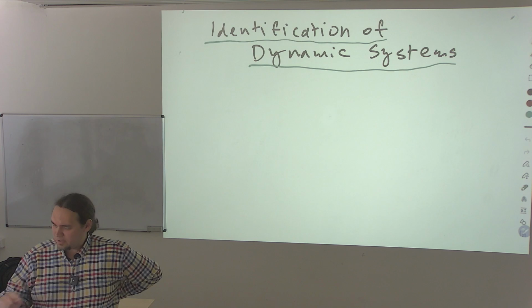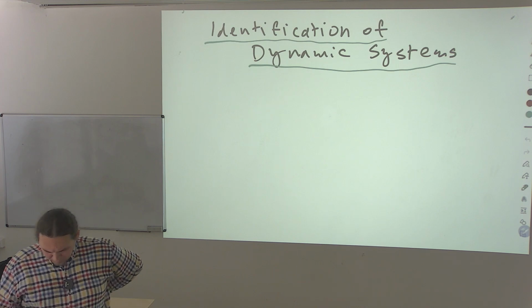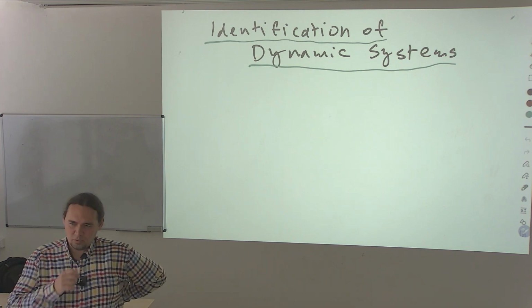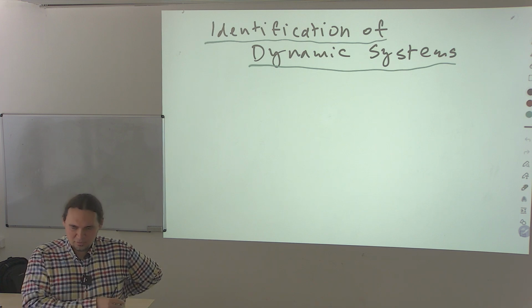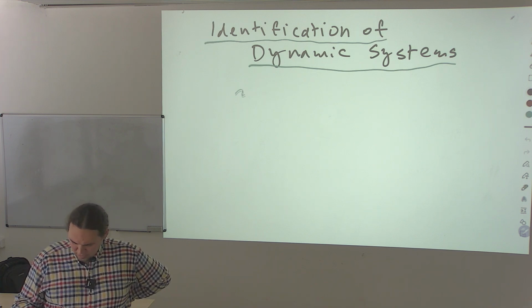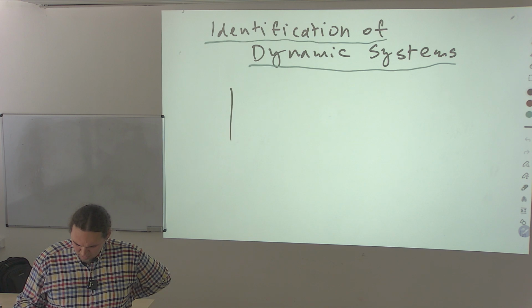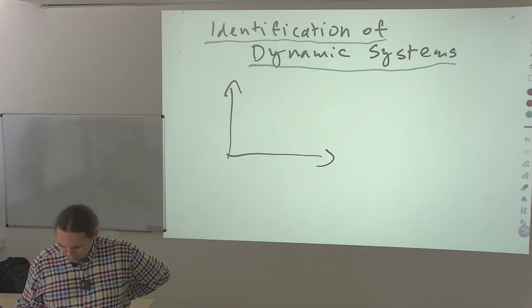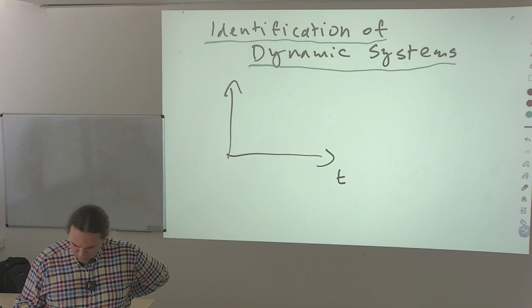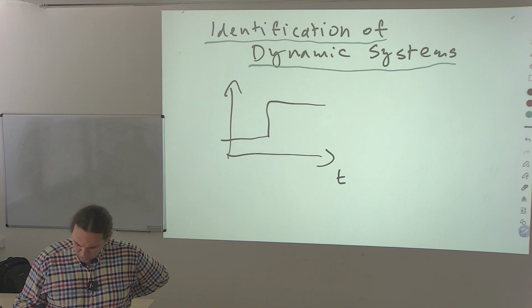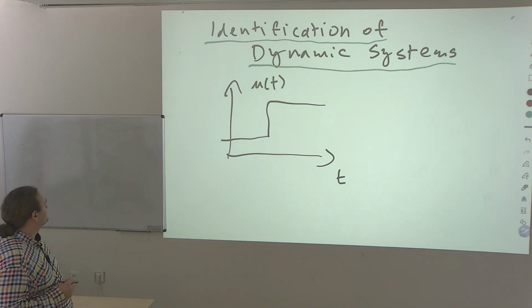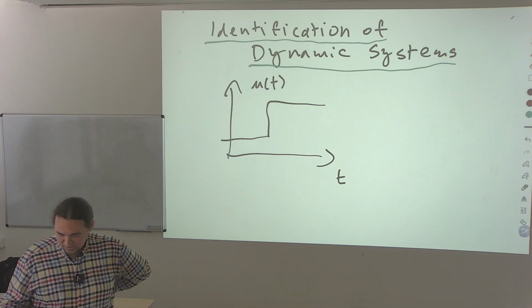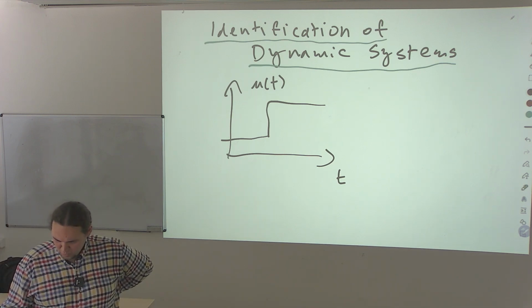so demystified, and then finally, okay, what we are used to, what is probably a task of identification that you have already done. A typical example: I have some time domain. At some point, I involve a step in my input.